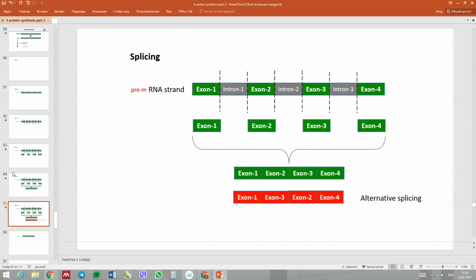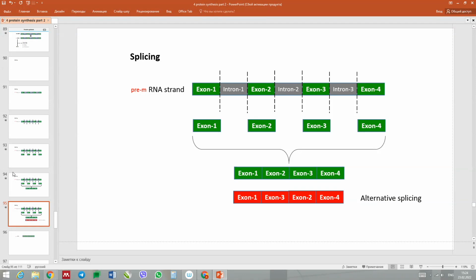You see, with the help of this game, with cutting out introns and different arrangements of exons from one limited region of DNA, we can get several different messenger RNAs that give us several different proteins.